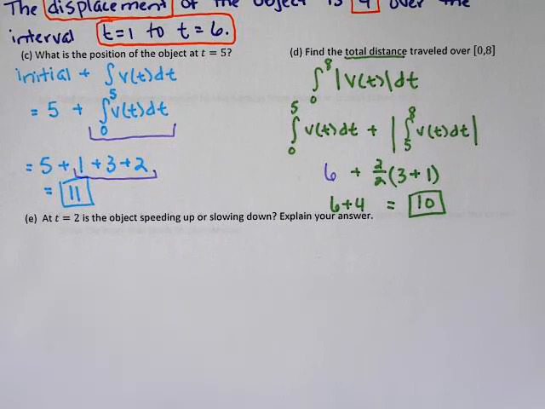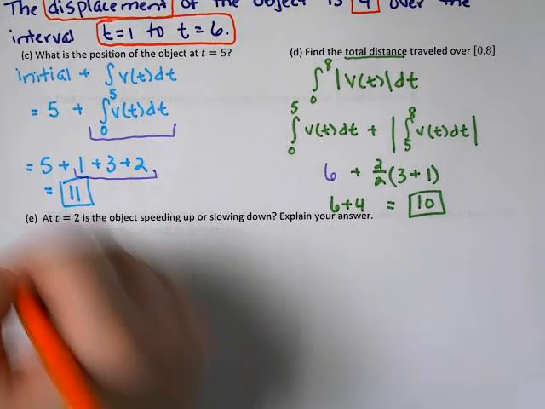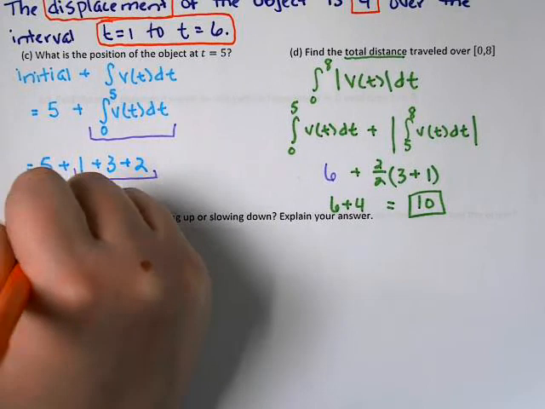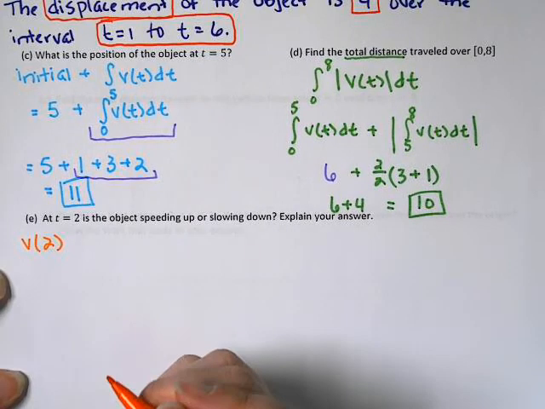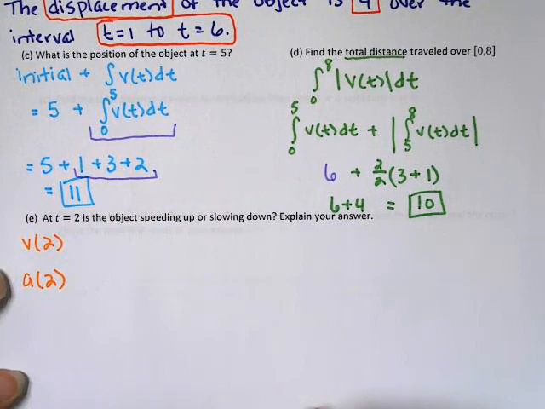All right, one more part for this question. At time t equals 2, is the object speeding up or slowing down? Explain your answer. To decide whether the object is speeding up or slowing down, we need the velocity at time t equals 2 and the acceleration at time t equals 2, because we need to compare those two values.